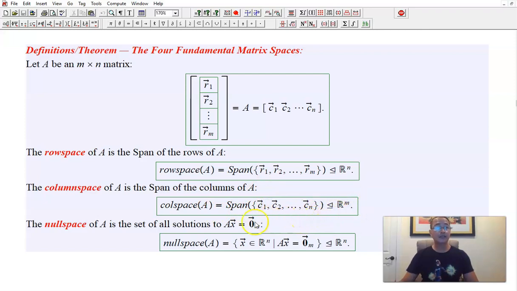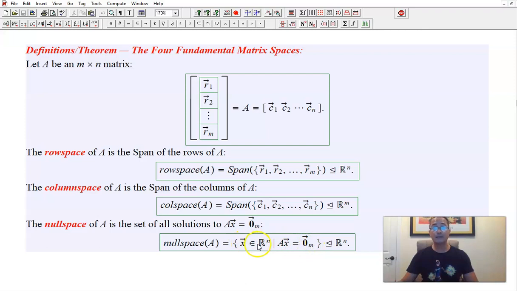Our third definition is the null space of A, and it is made of all the solutions to the homogeneous system Ax is the 0 vector in Rm. So the null space is all the vectors x in Rn, so that A times x is the 0 vector in Rm.